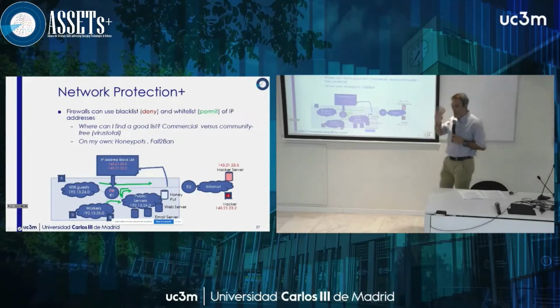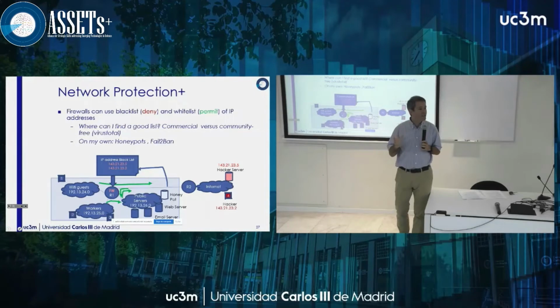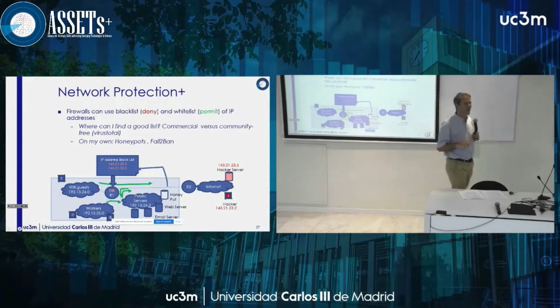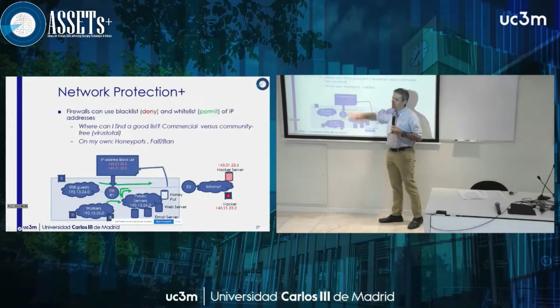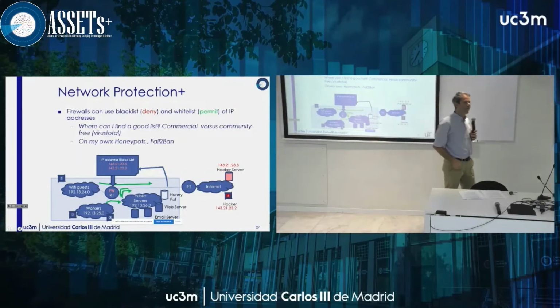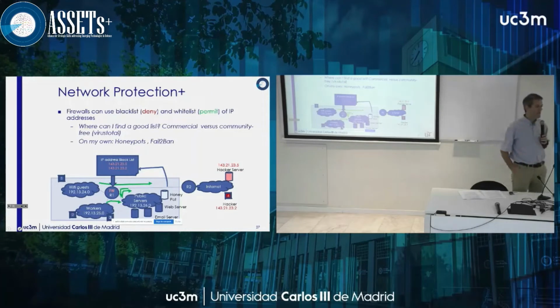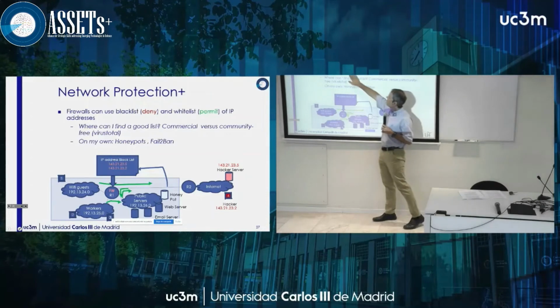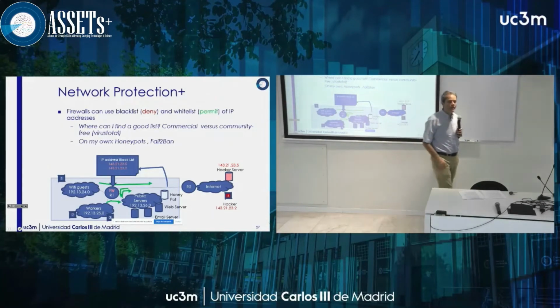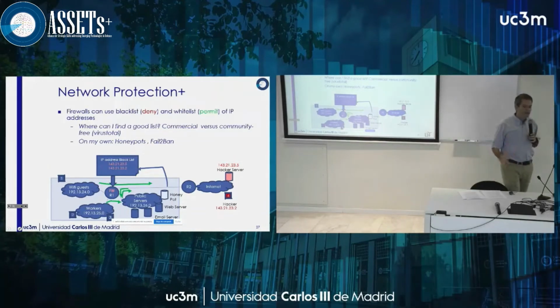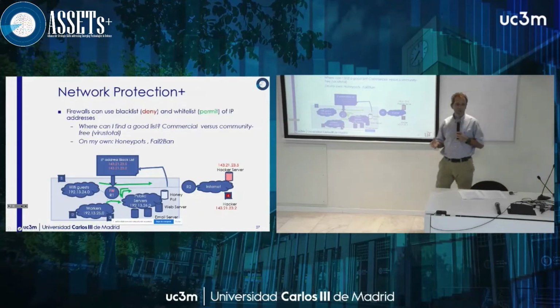Okay, so we have to add some kind of intelligence inside that firewall. One kind of intelligence is to make a list of forbidden, malicious IP addresses. That's called a blacklist. We can use a blacklist or a whitelist. There are public blacklists of servers devoted to spam, crypto mining, and command and control.